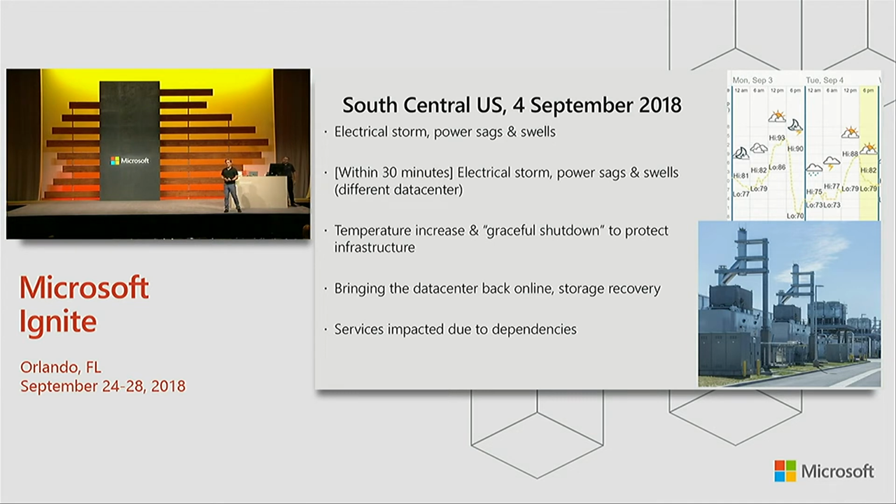Okay? ASM by itself is a global service, has 2 deployments in the US, and ASM by itself failed over to its failover region. One of those services which was dependent on ASM in San Antonio was Azure AD, which is used by many other services.